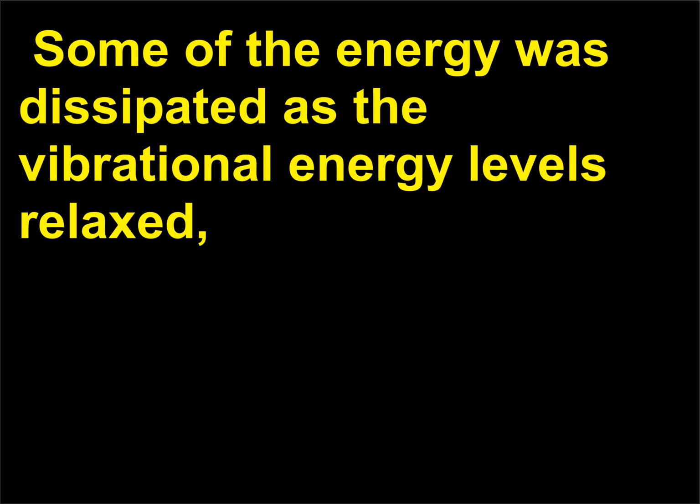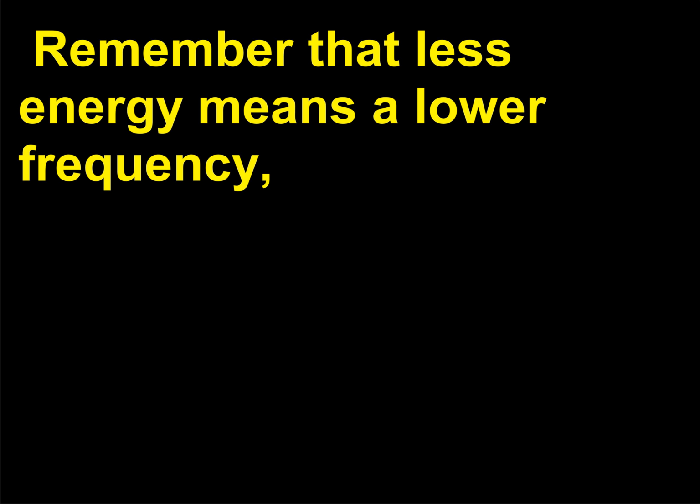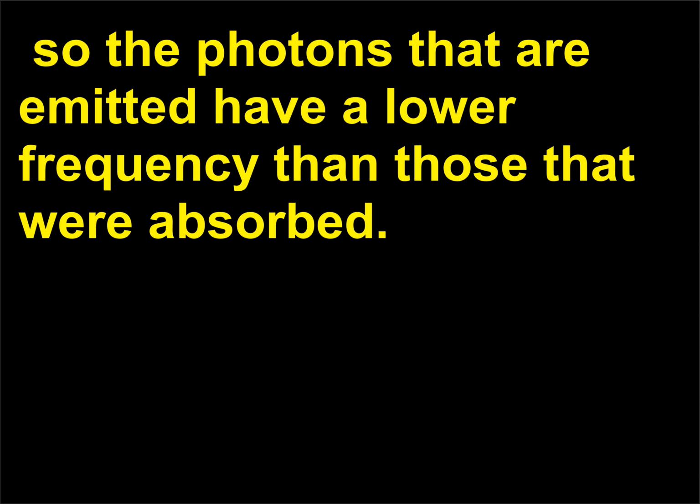Some of the energy was dissipated as the vibrational energy levels relaxed, so the photon that is emitted has less energy than the photon that was initially absorbed. Remember that less energy means a lower frequency. So the photons that are emitted have a lower frequency than those that were absorbed.